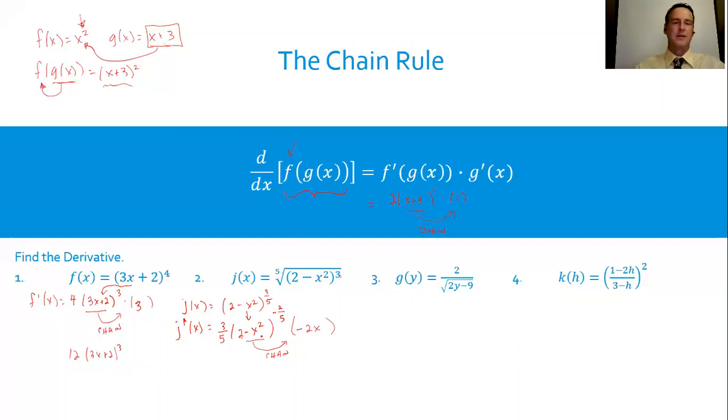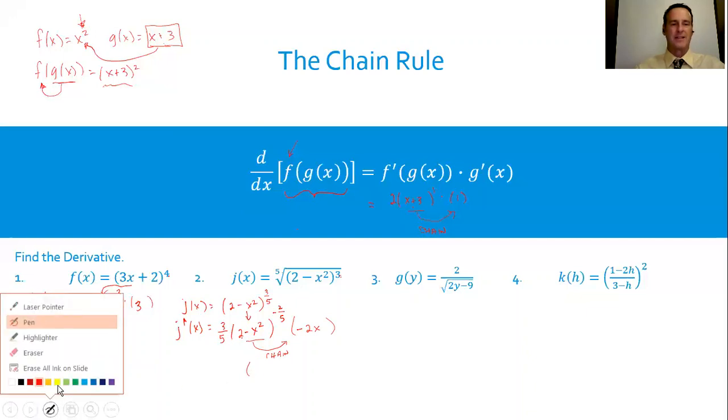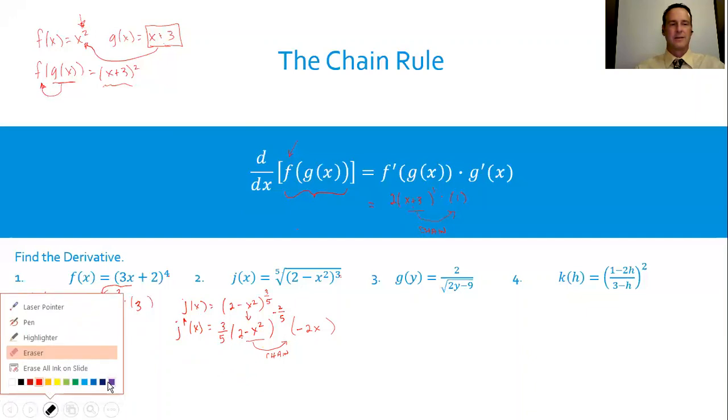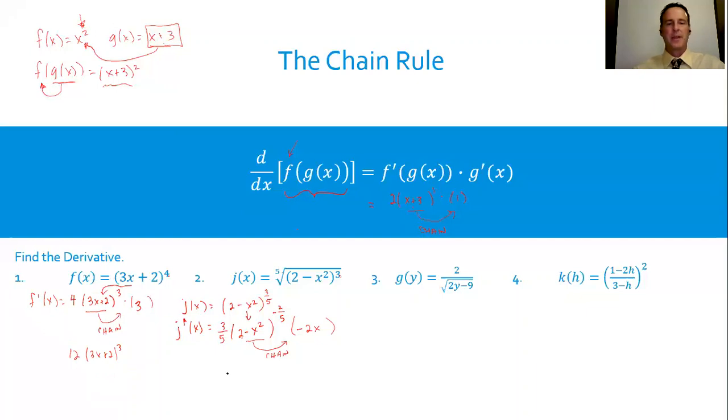Okay, and you can simplify a little bit. In fact, I'm going to simplify a lot. The way I'm going to do it is like this. I have 3/5, so let's put a 3 on top and a 5 on the bottom. The negative 2x is still in your numerator.